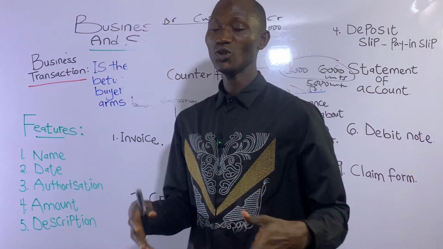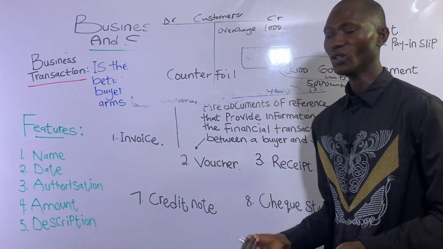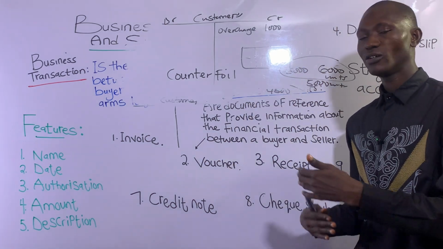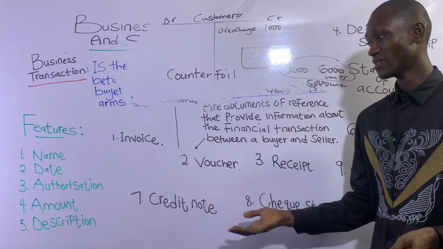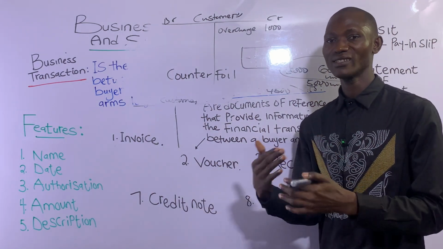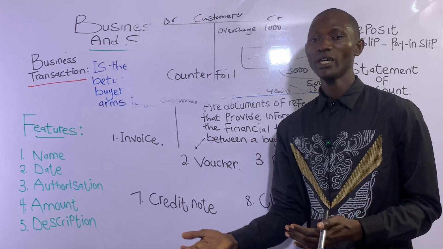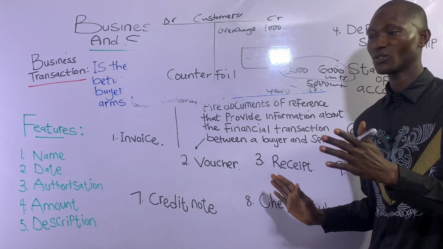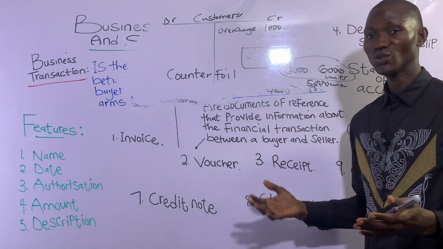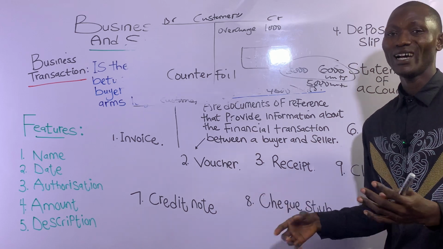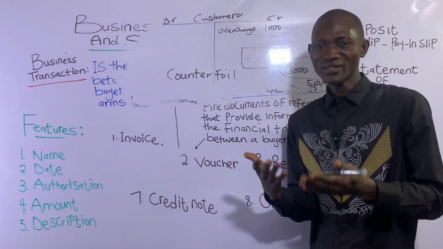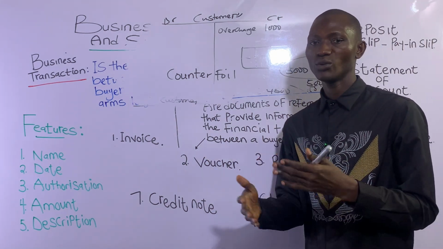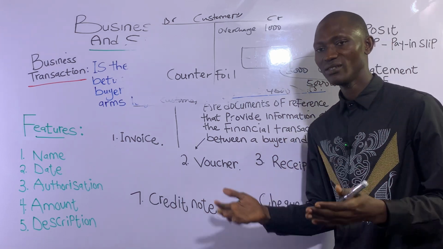It is that document you as an employee have to provide for having spent money from your own personal purse for the benefit of the company. So a good example could be a receipt, like we said, because a receipt acknowledges money that has been paid or received. So these are some of the source documents that are still in use. And like I did say, some of them may not necessarily be in paper form, but traceable through electronic means and all that.